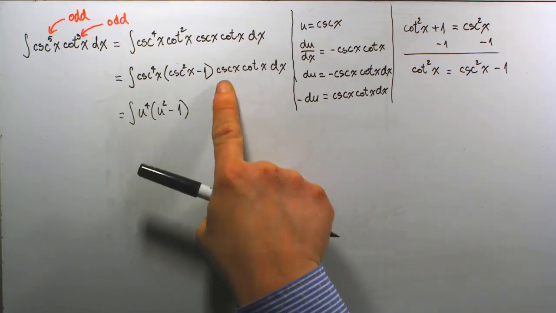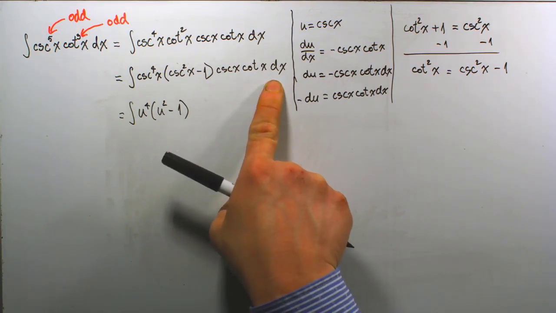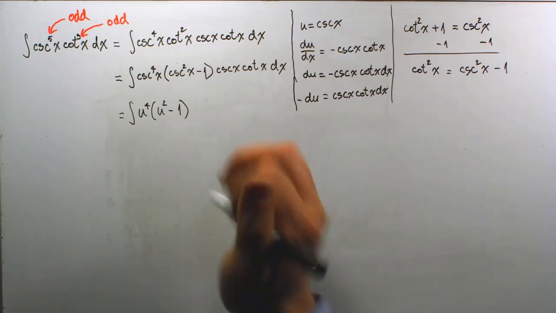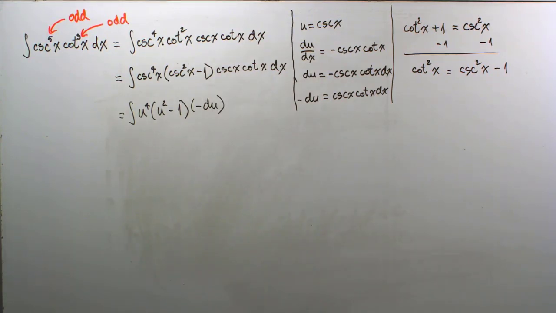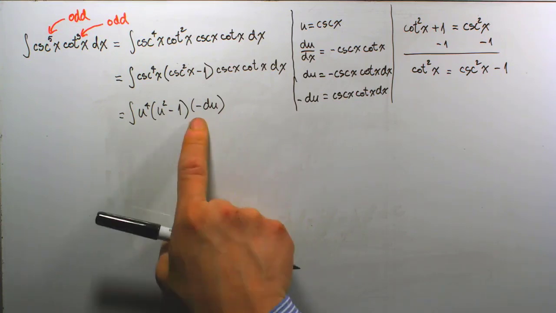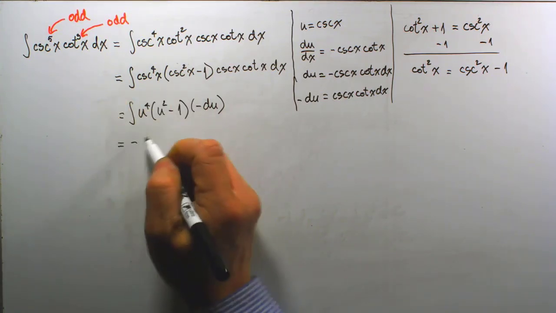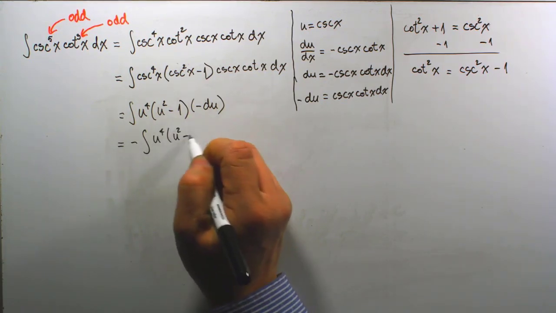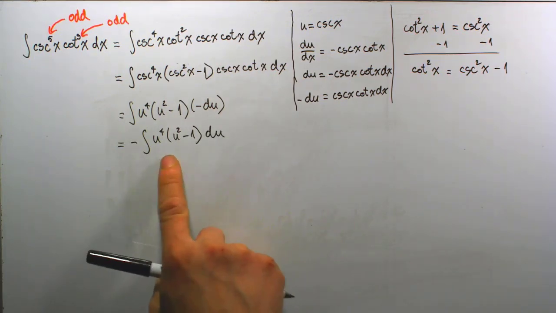Then the cosecant of x times cotangent of x times dx is substituted by minus du. So our integral has come out completely in terms of u. I can move that minus sign in front, making it minus the integral of u to the fourth times u squared minus 1 in parentheses du.